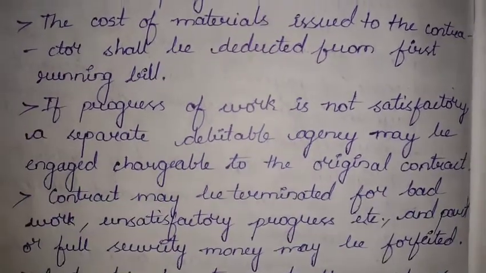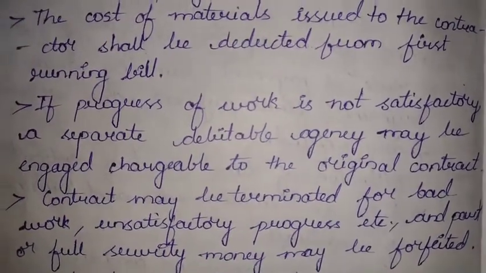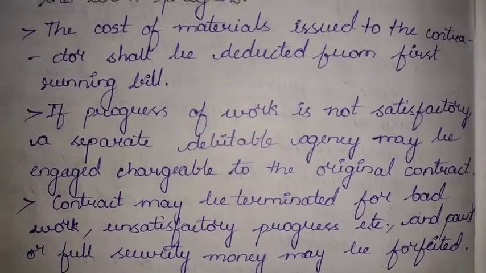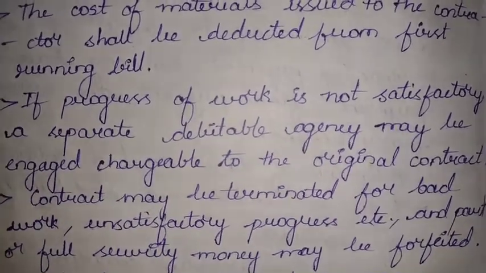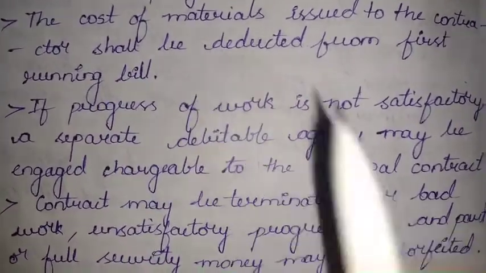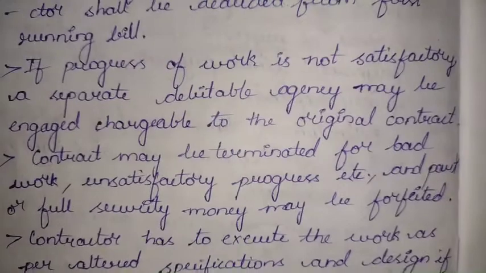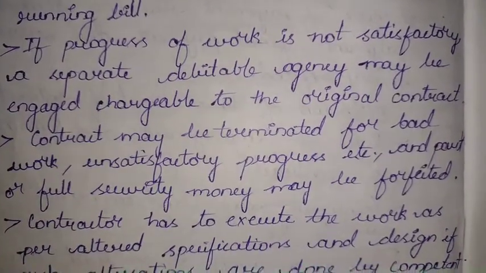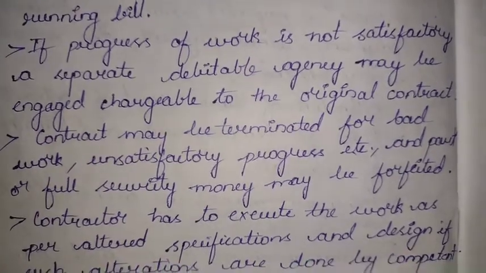Initially I am saying that all this money is for 50 kg cement, 25 kg aggregates, but that has already been given to the contractor. That has to be deducted over here. Once given, that has to be deducted. If progress of work is not satisfactory, a separate debitable agency may be engaged, chargeable to the original contract.